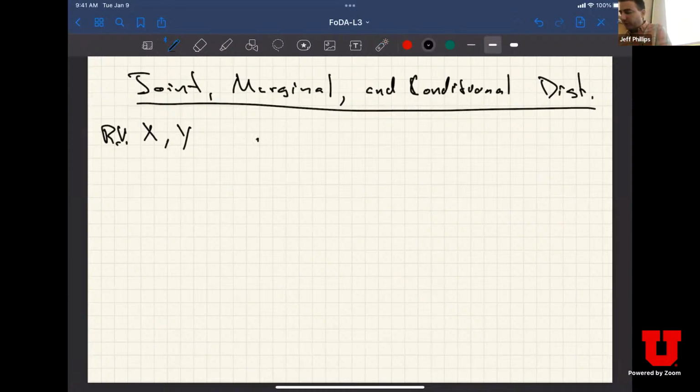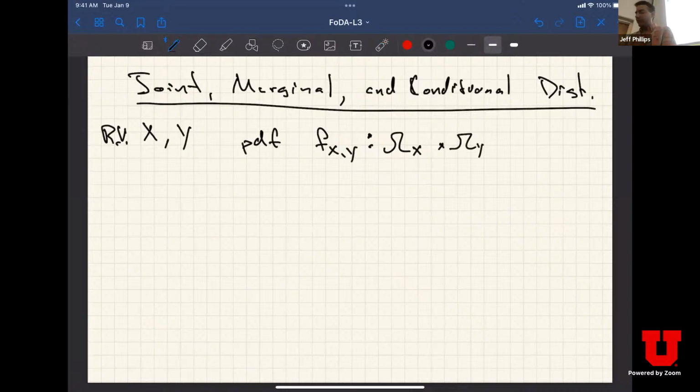Right, so we're going to write down the PDF, and we'll write this as f of x comma y, from a sample space of x cross a sample space of y. So it's going to be a bivariate function.